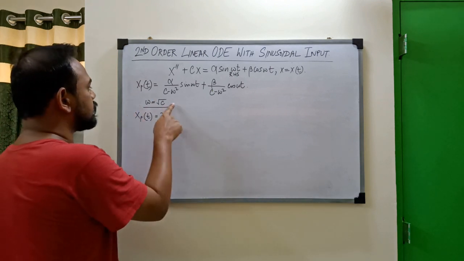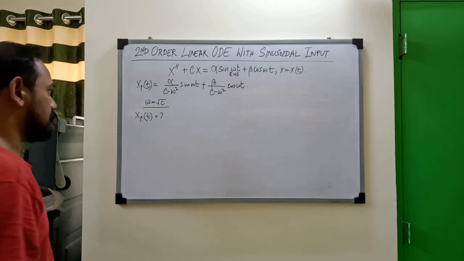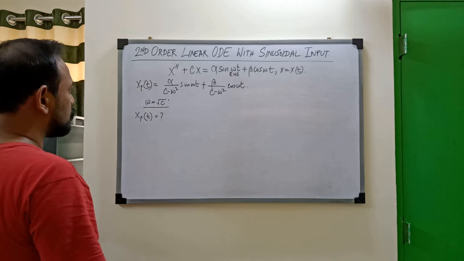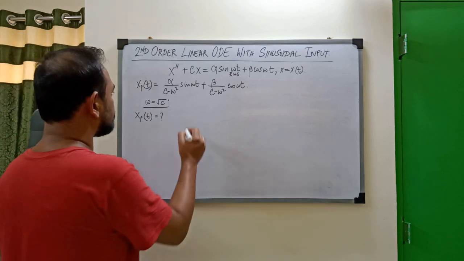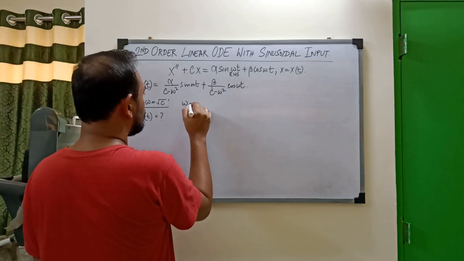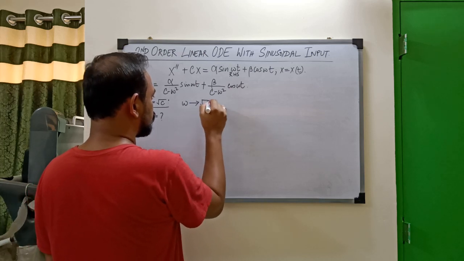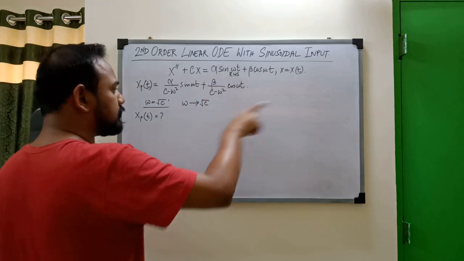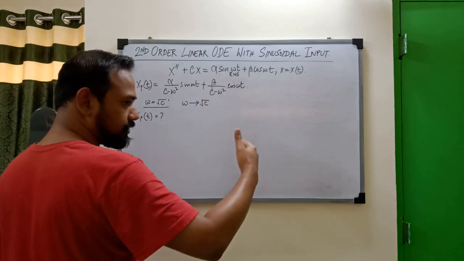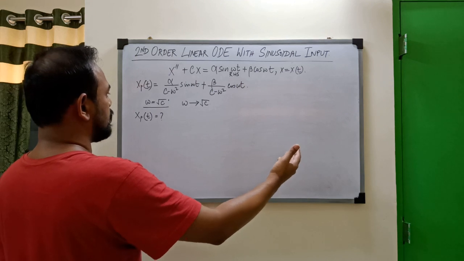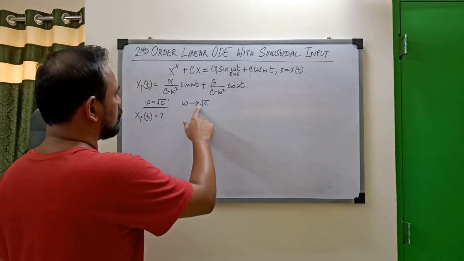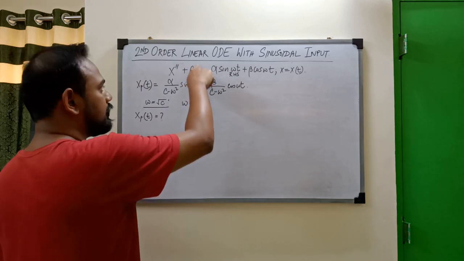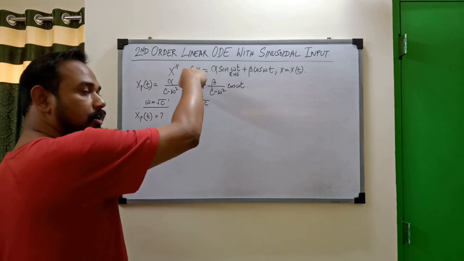So the trouble is when this is equal to 0. So we assume that this is not equal to 0, but it's very close to 0, okay? So we assume that omega approaches root of C. The frequency of the external influence is close to, or is approaching, this root of C, something to do with the spring constant.